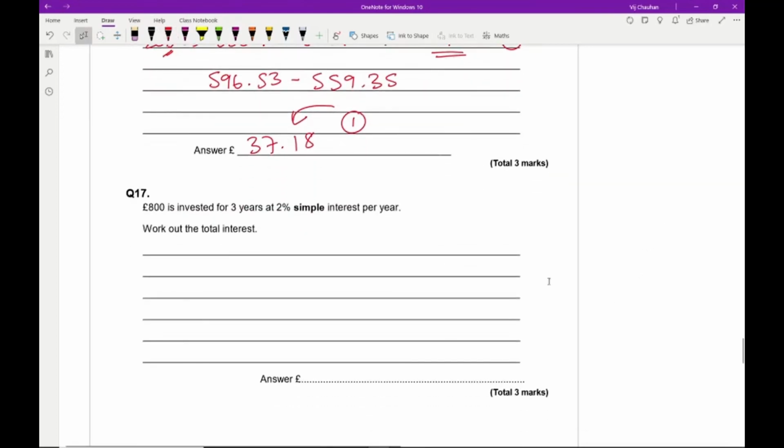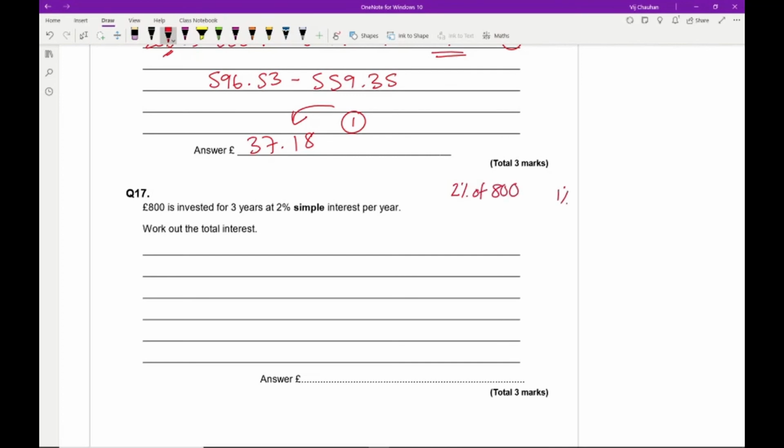Now for question 17, the question says £800 invested for 3 years at 2% simple interest. Now simple interest is quite an old-fashioned sort of calculation which isn't really used as much, but basically what it means is that the percentage you get is going to be the same year on year. So what I need to do is work out what 2% of 800 is.